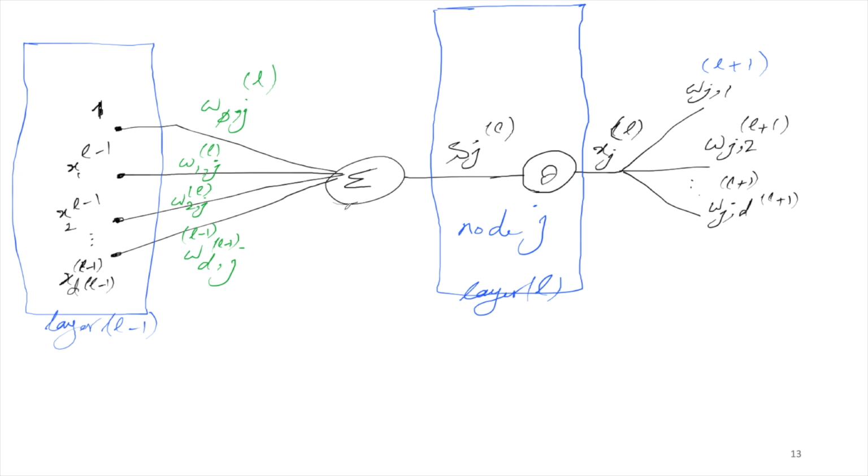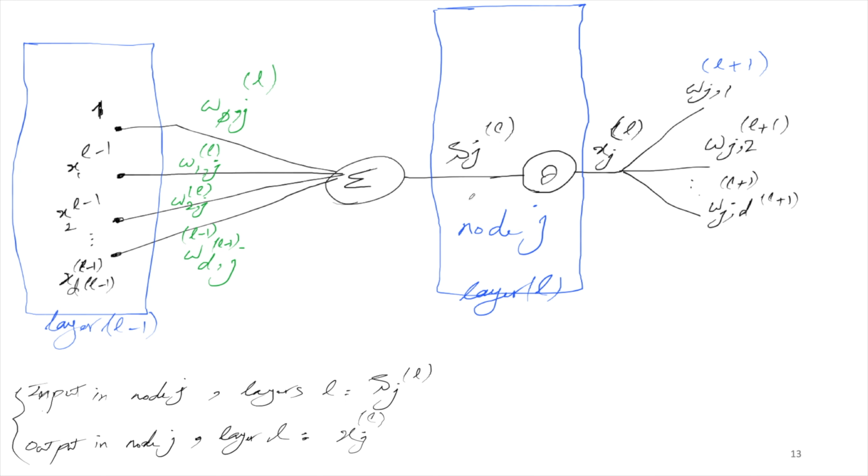Then you have to sum them up. That means you have to calculate their x's with the w's, and then you pass them forward to the current layer. We define s_j: the input in node j and layer l is going to be called s_j of l, which is that. And this represents our node j in layer l, the current layer.